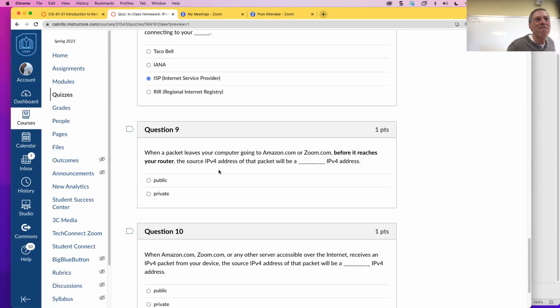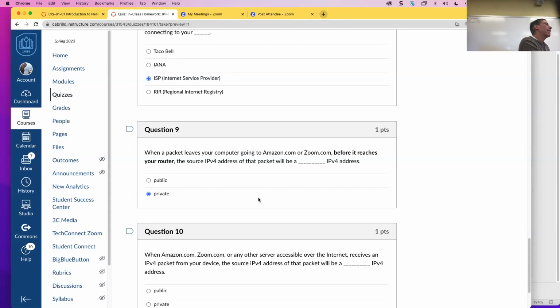All right. Number 9, when a packet leaves your computer going to Amazon or Zoom, before it reaches your router, the source IP address of that packet will be what? Typically a private address. Yeah, it could. And there are some networks like at UCSC, their wireless network, and I think their residential network uses public address space.